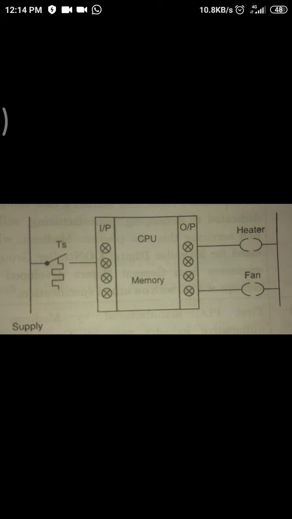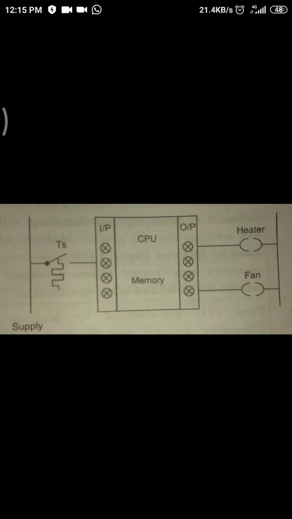Nowadays network PLCs are also there which are connected to the computer. You must have heard about SCADA, supervisory control and data acquisition system. SCADA uses software to control the PLC, and that PLC works. So in this way the PLC evolution took place.